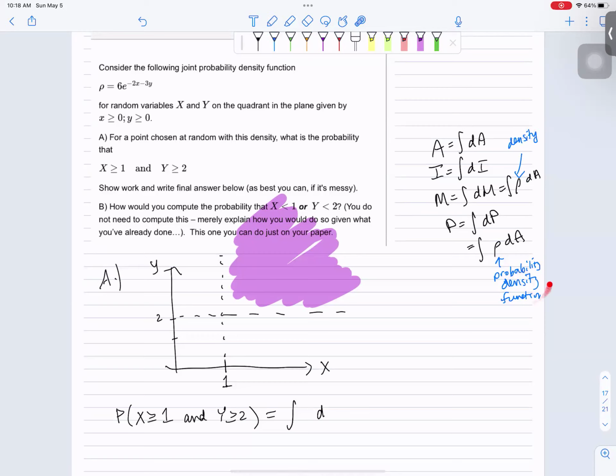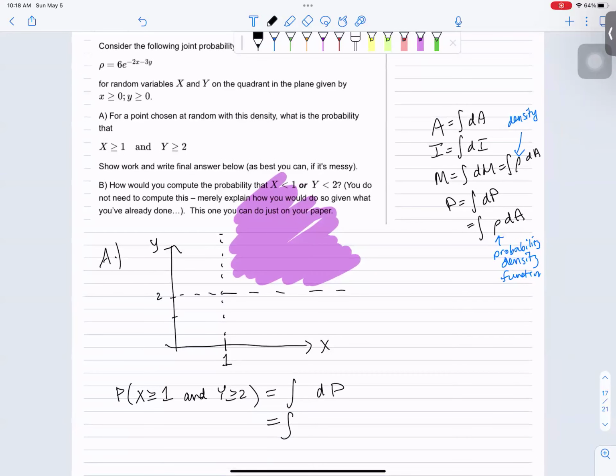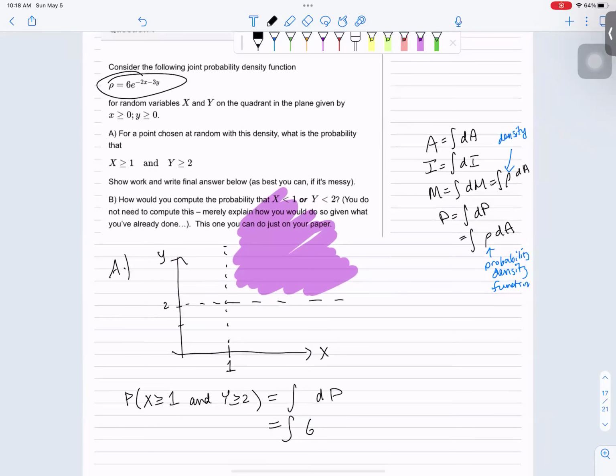The difference is that a probability density function, remember, if you integrate it, it has to equal 1. A regular density can just be whatever it wants to be. All right, so we have the integral of dp. So that means it's whatever the probability density is, which they told us is this, 6e to the negative 2x minus 3y dA.